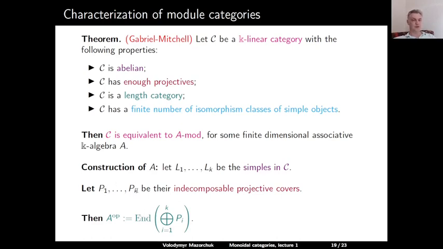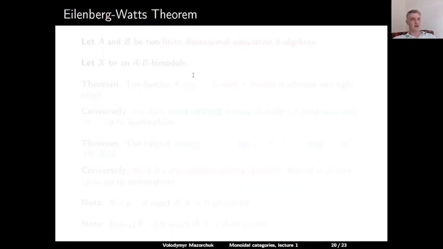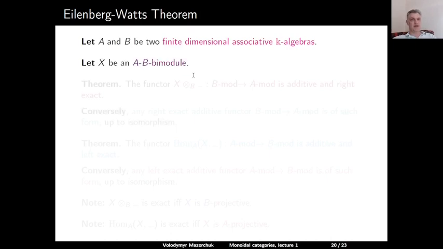Next, let us recall the Eilenberg-Watts theorem in the restricted setup of finite-dimensional associative algebras. Let A and B be two finite-dimensional associative K-algebras. Let X be a finite-dimensional AB bimodule.